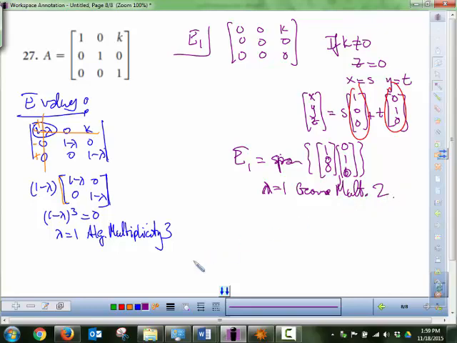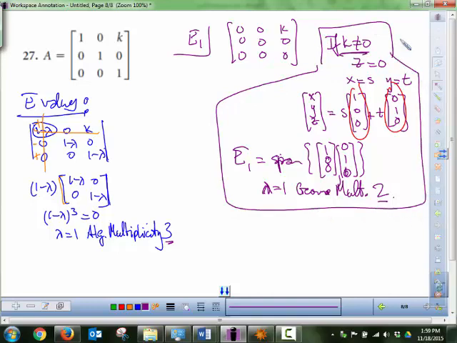Unfortunately, for this to be diagonalizable, the algebraic multiplicity has to match with the geometric multiplicity, and it doesn't. Right? So we have a problem. And this happens when we assume that k is not equal to 0.